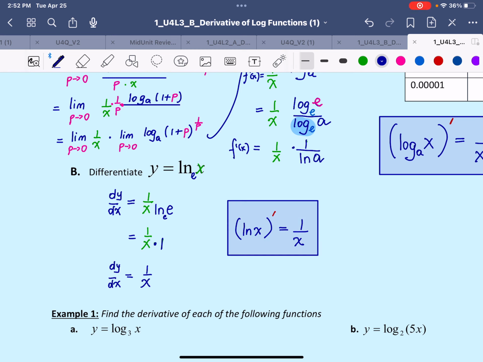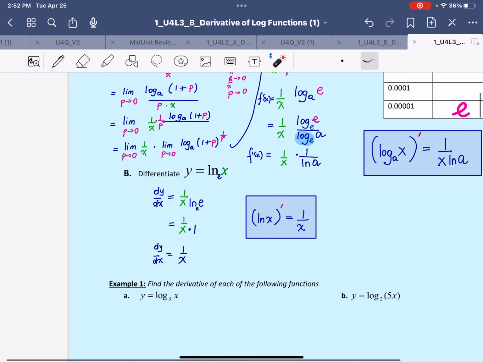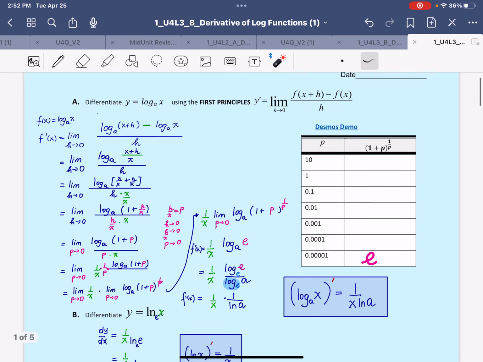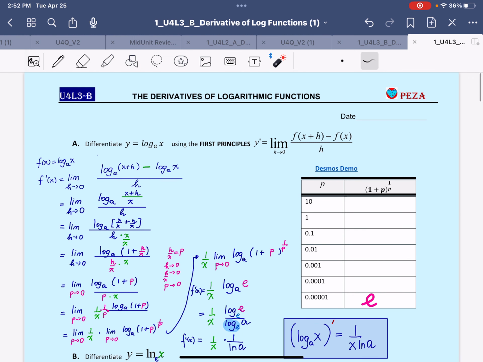As you can see, it's very simple, very easy to memorize, just like e to the power of x, which has the derivative equal to e to the power of x. Ln of x has the derivative, very simple, very easy to remember, 1 over x. So these are the two formulas for the log functions. This is the proof for y equals log with base a of x.